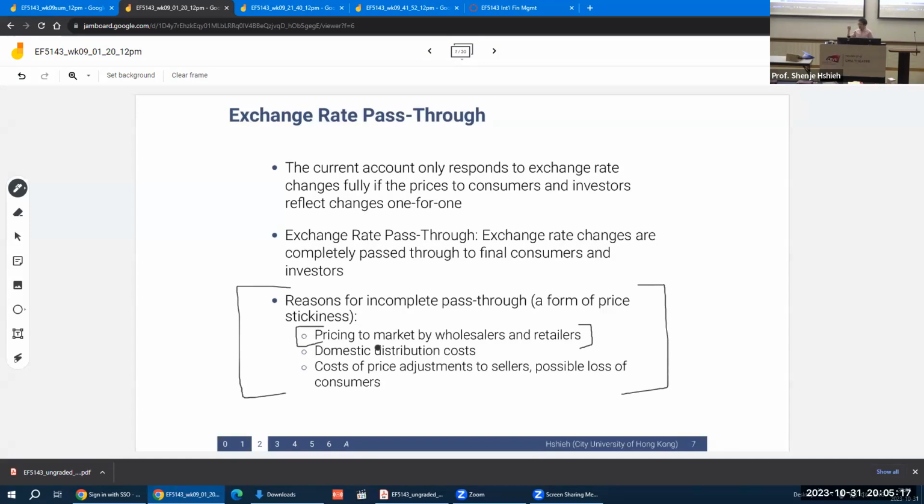Because they've already set the prices to extract all value from consumers. All the surplus is extracted from consumers, so that the company retains all the income, all the profits they can. And if they have a sudden increase in input costs, for example through exchange rates or whatever, that's not going to change prices, right?